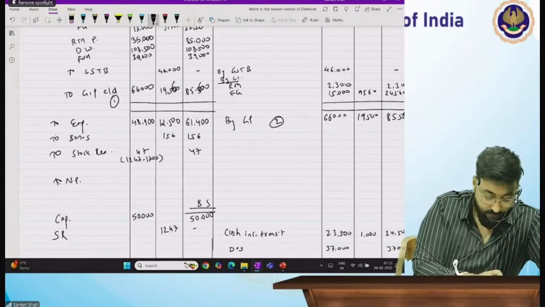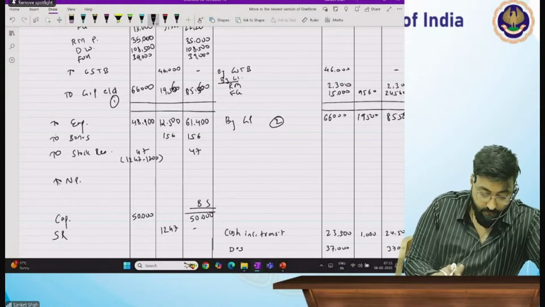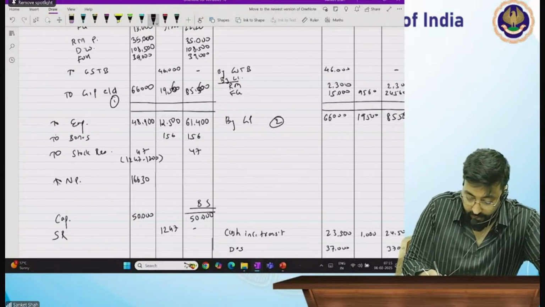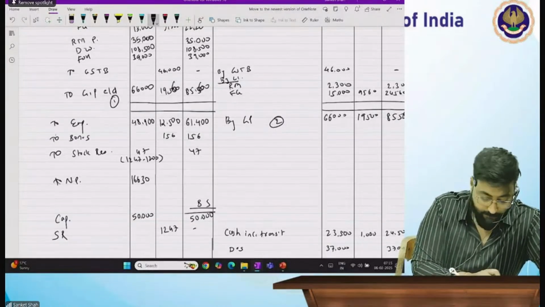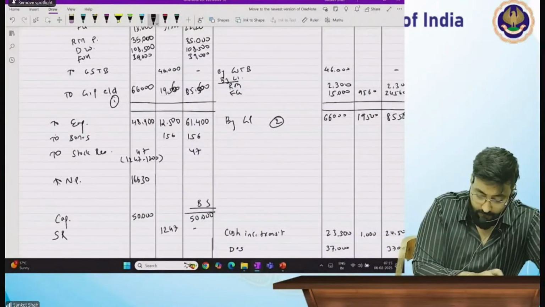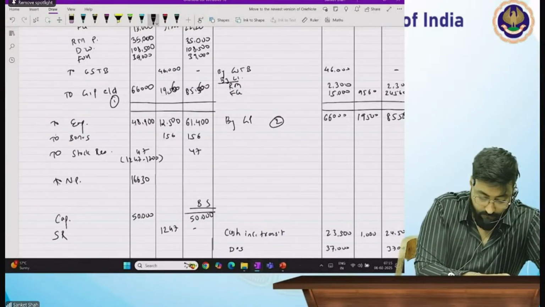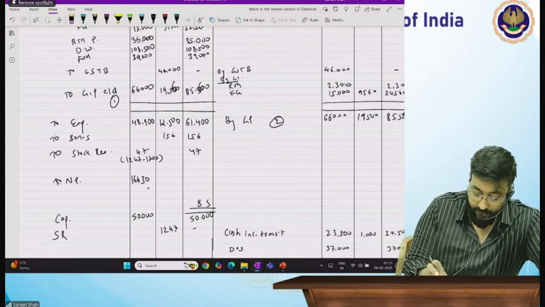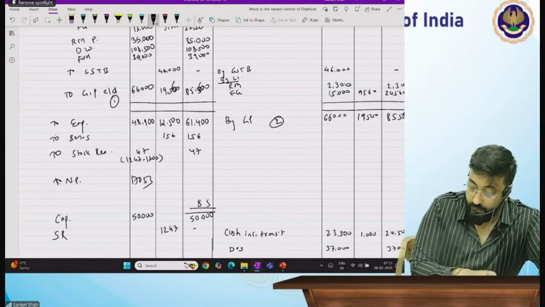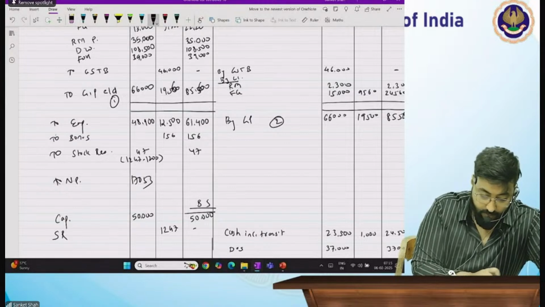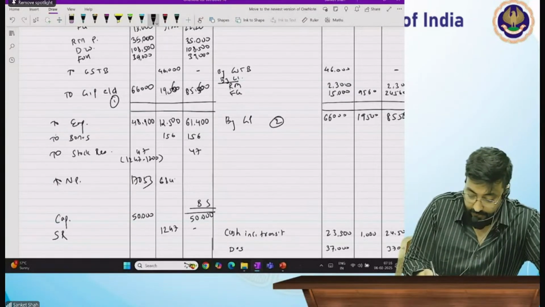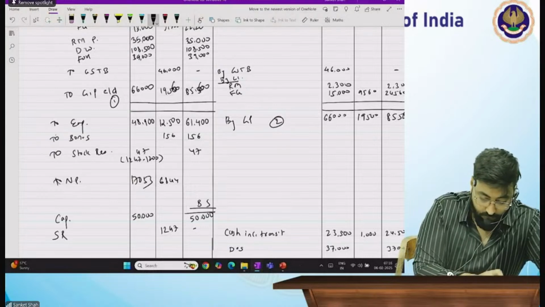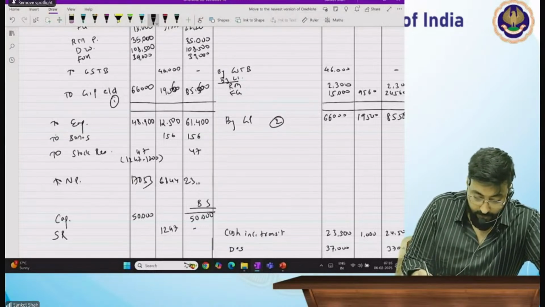66 minus 48.9 minus 0.047. I think 16,630 you are getting as net profit. 17,053. Why? 17,053. Correct? Yes, sir. 19,500 minus 12,500 minus 156, 6,844. And you should get 23,897.